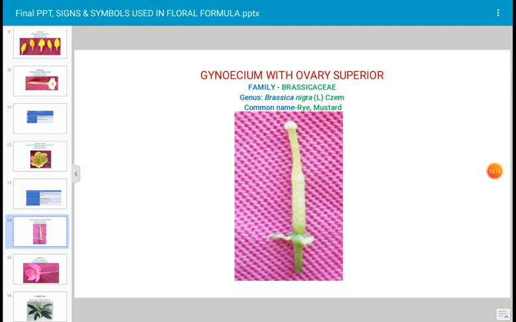This gynoecium is from the family Brassicaceae, genus Brassica nigra, common name rye or mustard. All the figures are taken with a Samsung mobile and are original.